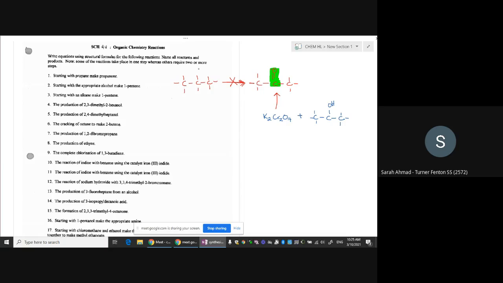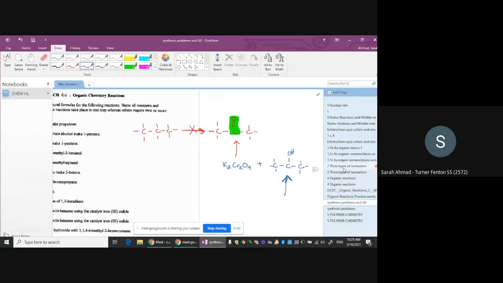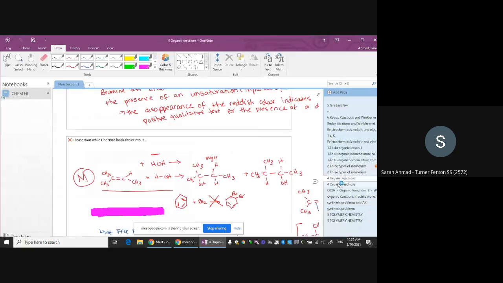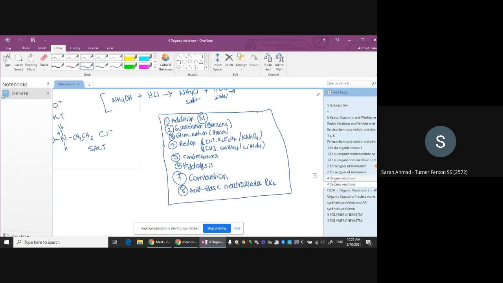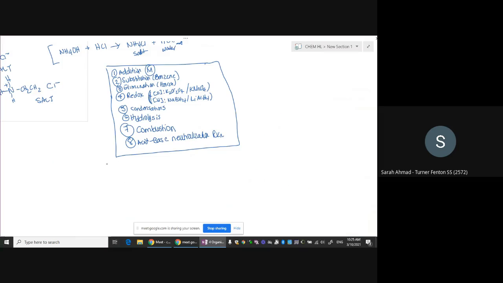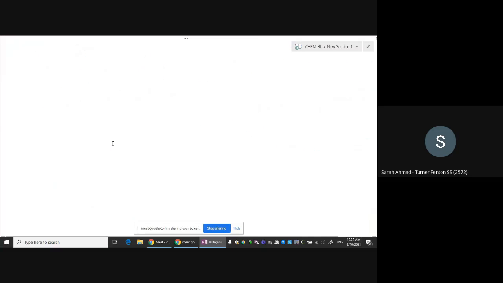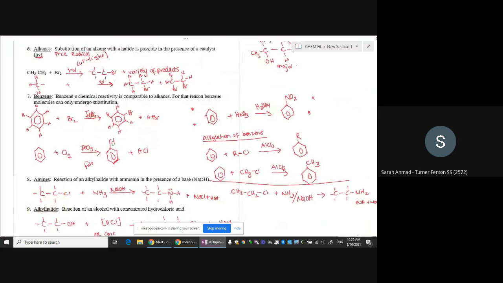Now, when I look at this, my propane, and I look at my 2-propanol, there is still no direct way of going from here to here. Okay, so the question is, how or where could this alcohol have come from? If we go back in our notes, we know that there are two ways of making alcohols. I'll bring up your class notes and we'll go up ever so slowly.